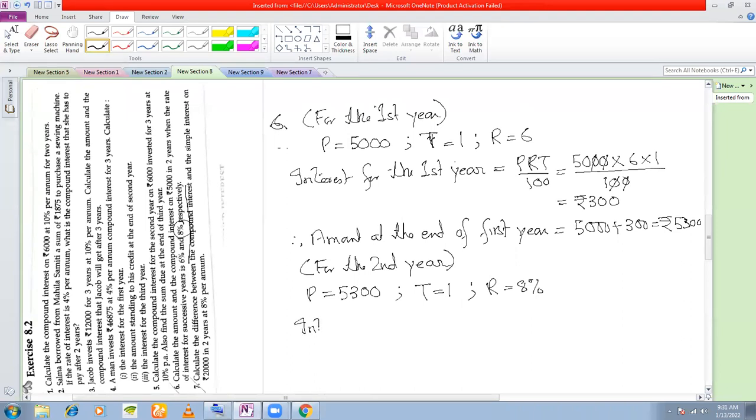So interest for the second year is PRT by 100. So 5,300 into 8 into 1 divided by 100. So you're getting interest as 53 into 8. It will be 424.